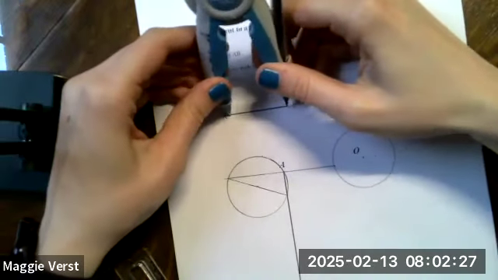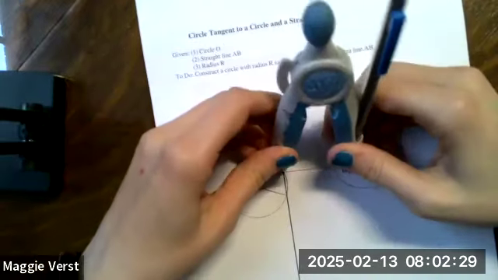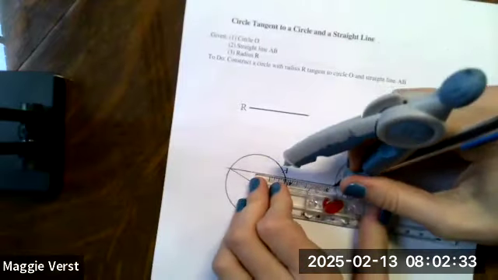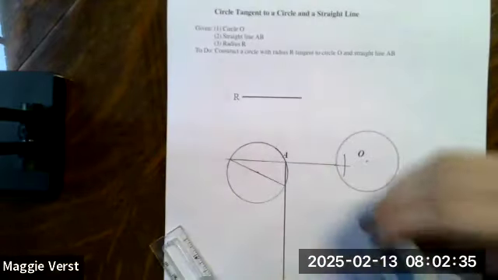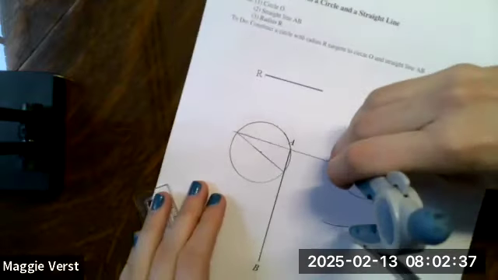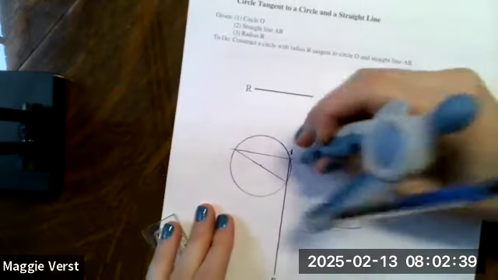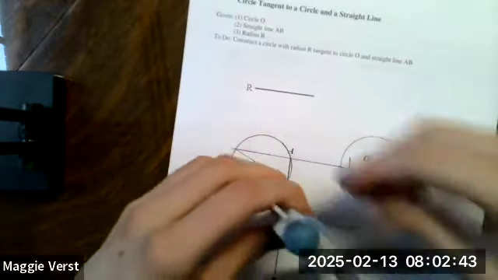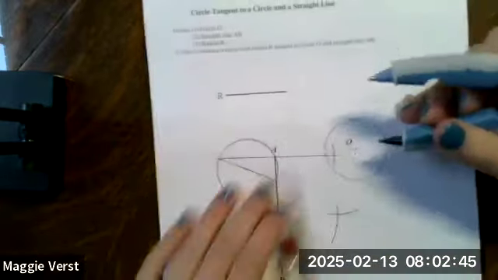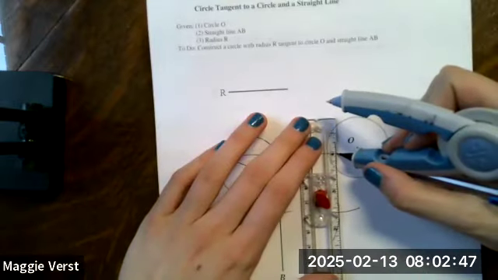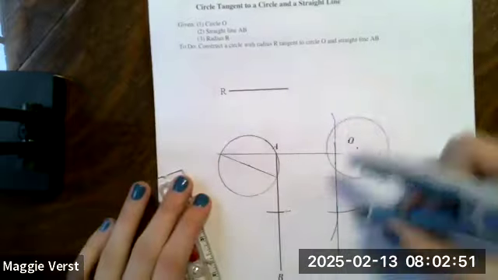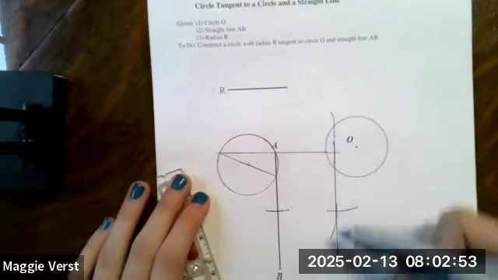And then I'm going to copy my radius. Extend this out a little bit longer, and then arc it here and here. Great. So what that tells me is the circle center is somewhere on the segment.